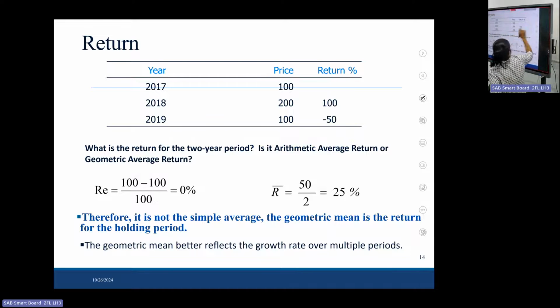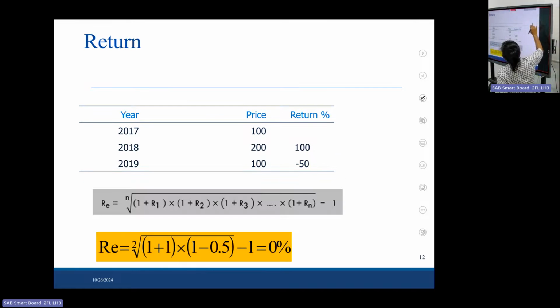You will get the geometric mean 0. If any question, please ask.